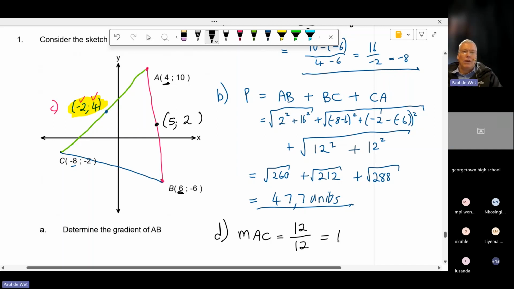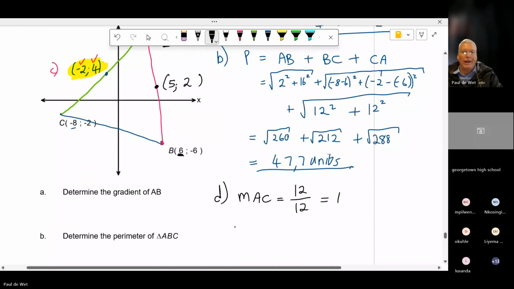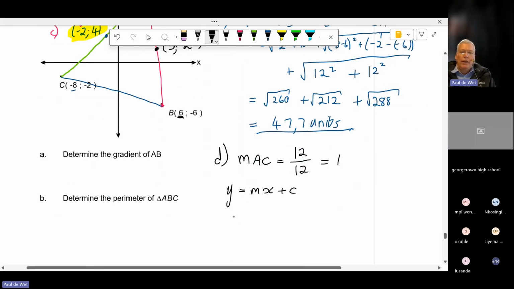Okay. What's the standard form for a straight line? y equals mx plus c. So now what I'm going to do, I'm going to put in the gradient and I'm going to put in a point. The easier point, I think, is going to be this one because it's positive. So 10 is the y value. The gradient is 1. The x value is 4 plus c.